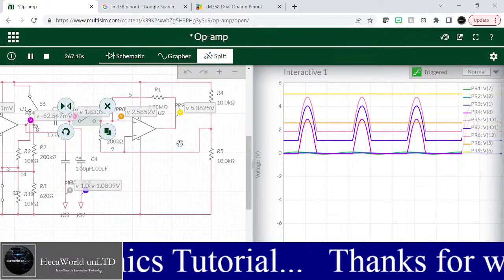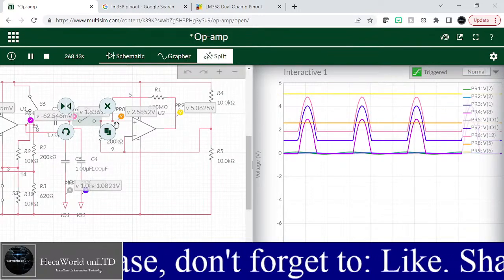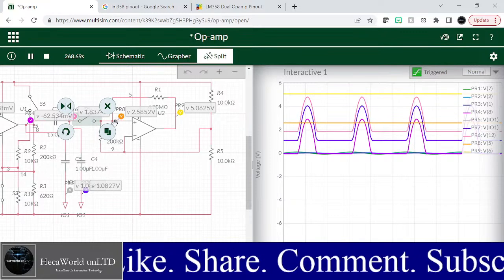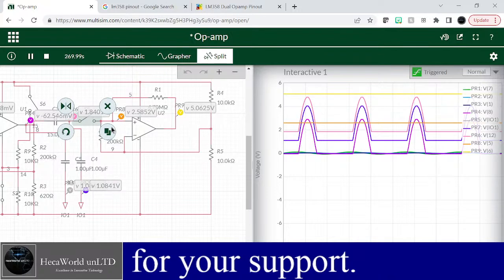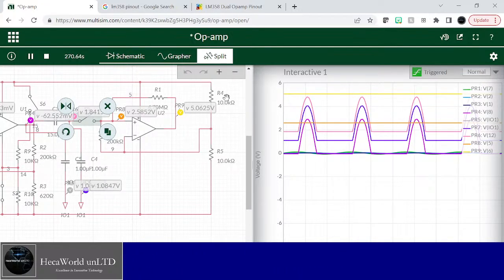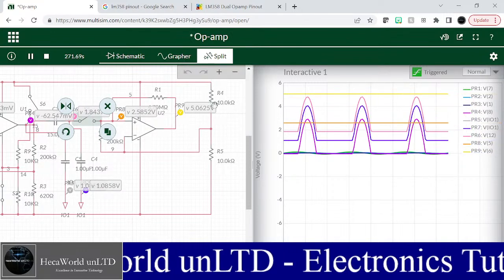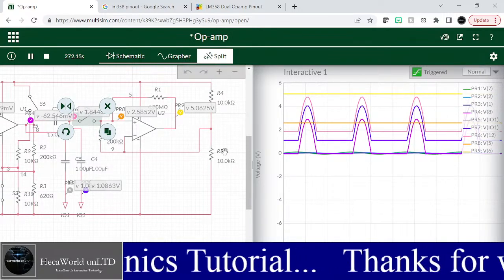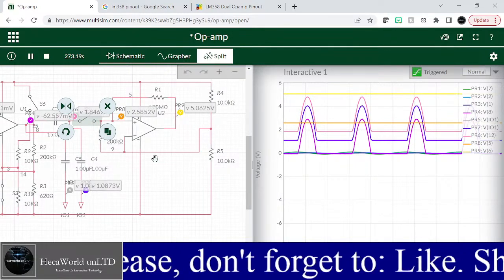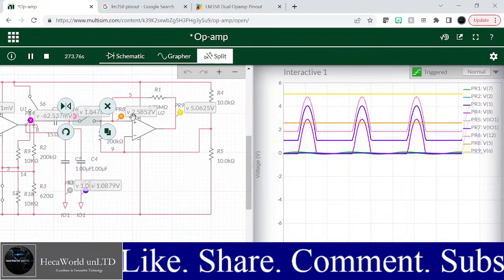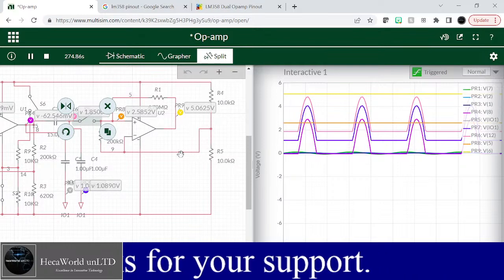Because as it were, I am holding this negative signal, and also somehow the non-inverting input, I'm holding it at a steady voltage. And that steady voltage is coming from this voltage divider here. I have 10 kilo ohm resistors in series, and then I have the center of that connected to both input terminals. So this is determining the balance of this.